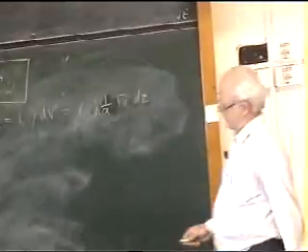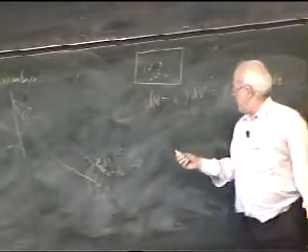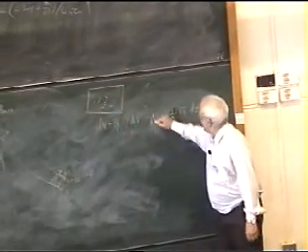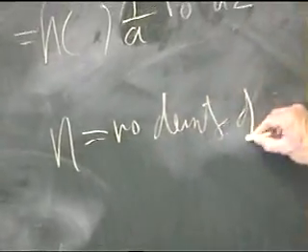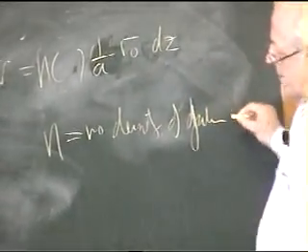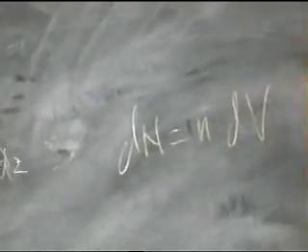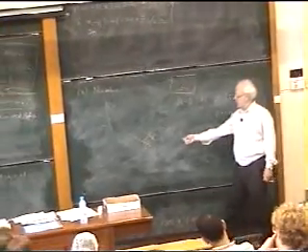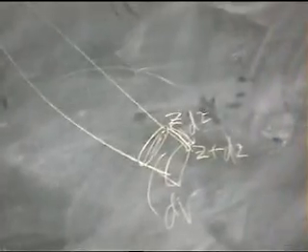The point about it is the following. We can theoretically write down a number there, provided we know the number density of galaxies. So if you know the number density of galaxies, you know the volume. dN is the number density times the volume. And that's the number of galaxies which you should see between a redshift of z and z plus dz.